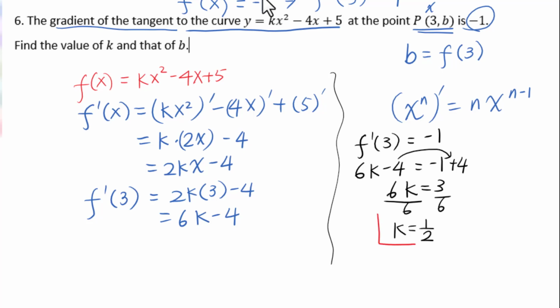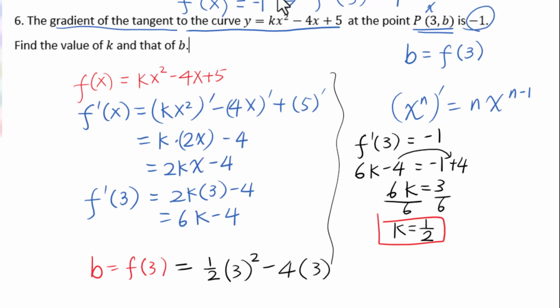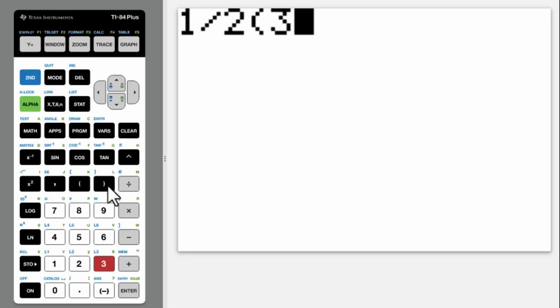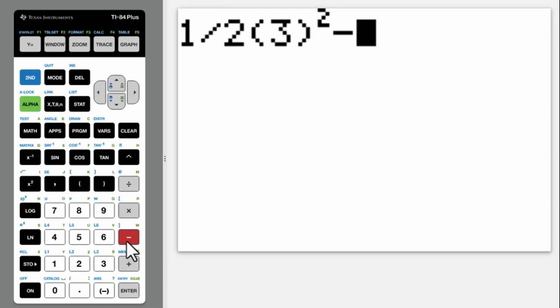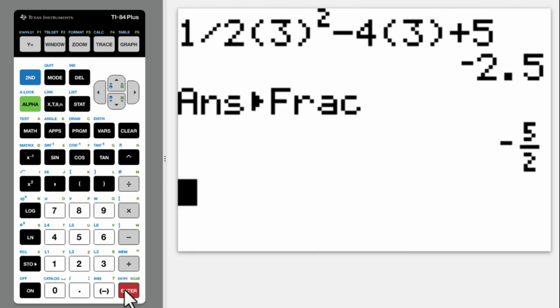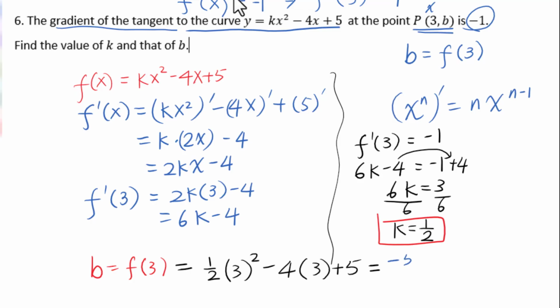After we figured out k, we do know b equals f of 3 equals, k is 1/2, x is 3 squared minus 4 times 3 plus 5. 1/2 times 3 squared minus 4 times 3 plus 5. Then enter. Math, enter. -5/2.